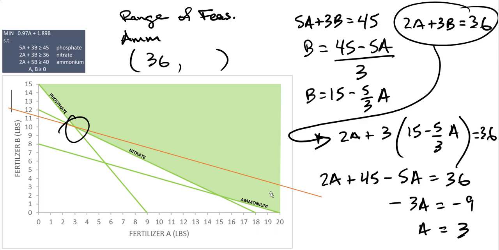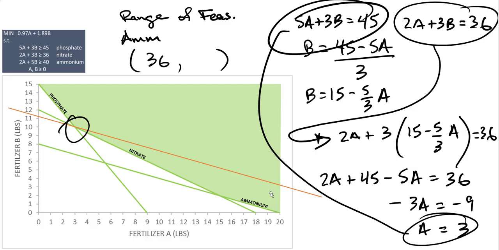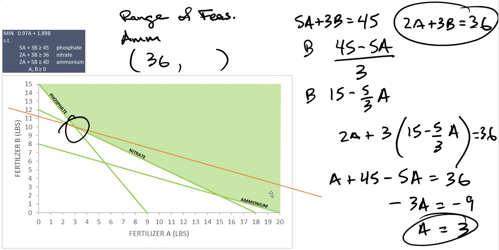Which again, if I look on my graph, does that agree with what the graph is telling me? Well, it looks like that pretty much hits at 3, but my math is telling me that that happens at exactly 3. So I'm feeling pretty confident about my calculation for A. So now what I need to do is to sub that back into one of my equations. I'll sub that back into the first equation.